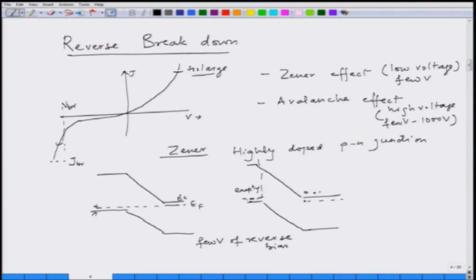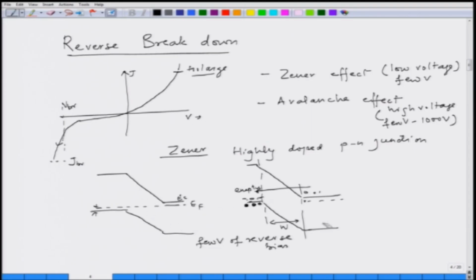So, the barrier has increased, and this is the depletion width, call it W, earlier depletion width. So, there are empty states here for electrons to come. In the same way there are holes here, and there would be empty states for holes on this side.